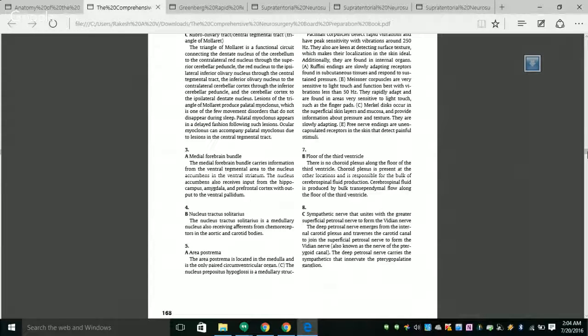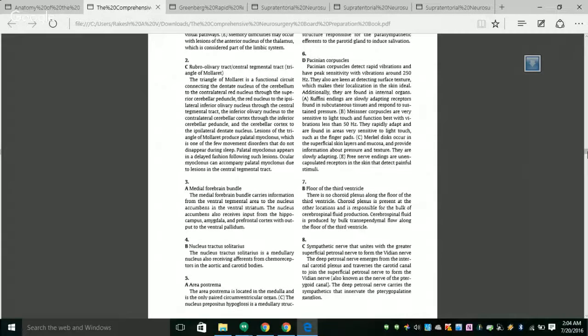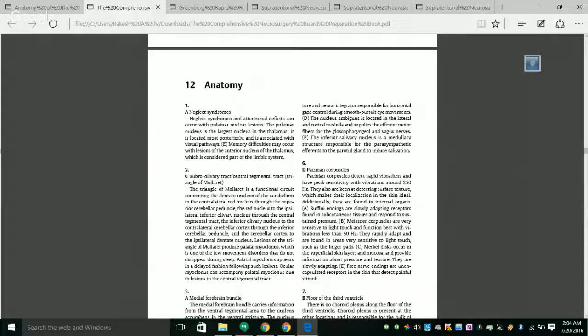They have also told about the nucleus prepositus hypoglossi, a medullary structure and neural integrator responsible for horizontal gaze control during smooth pursuit eye movements. They explained one more option given for this.